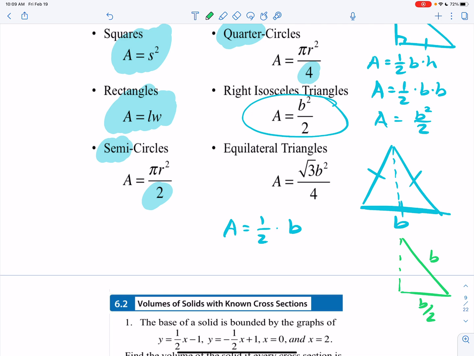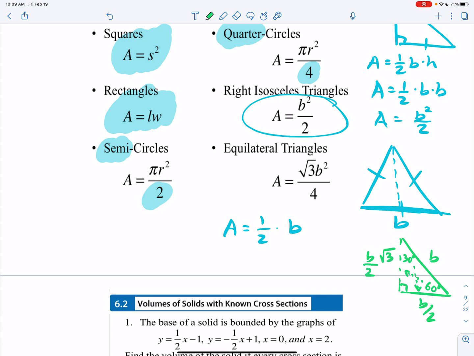is just dealing with a special right triangle. This is a 60 degree because it's equilateral. So this must be 30. So if you guys remember anything from pre-cal or integrated math 3, don't worry if you didn't. The 60 degrees is the same thing as whatever the opposite of 30 degrees is, but with a radical 3 in front of it.